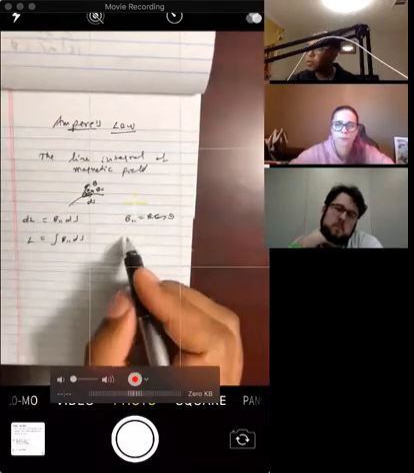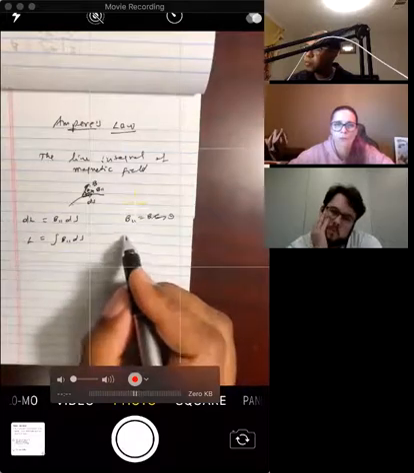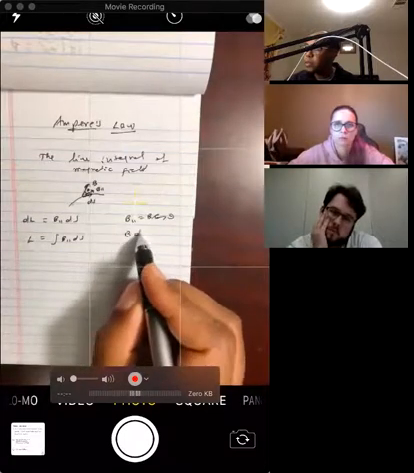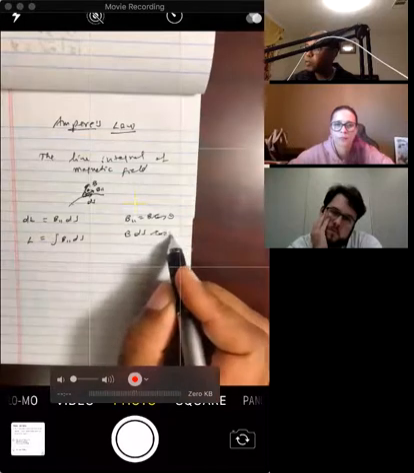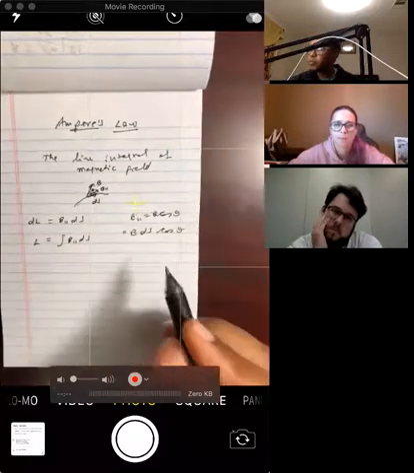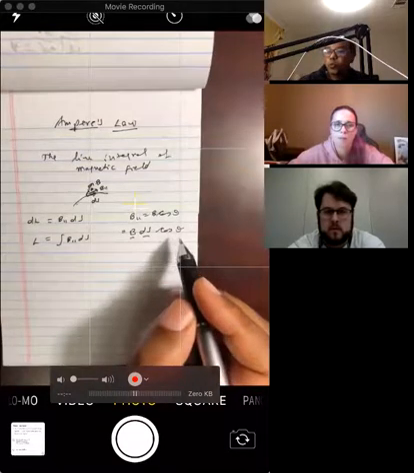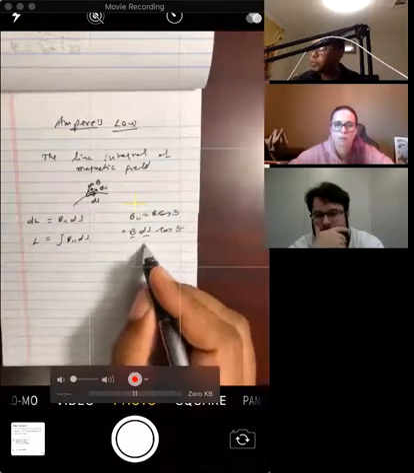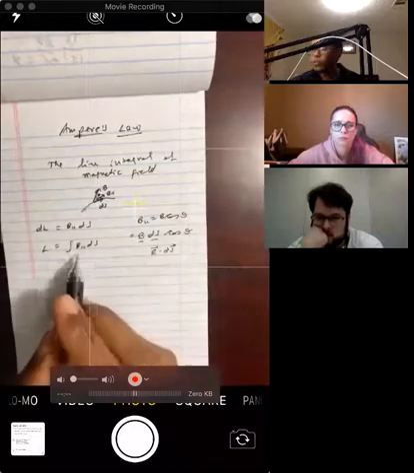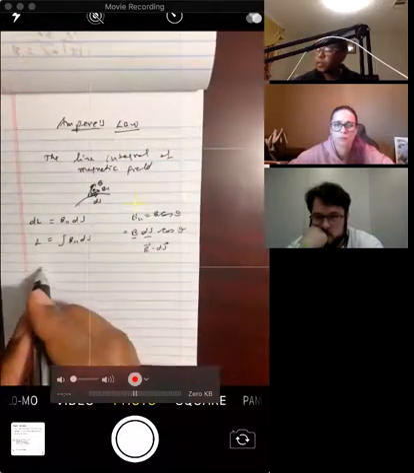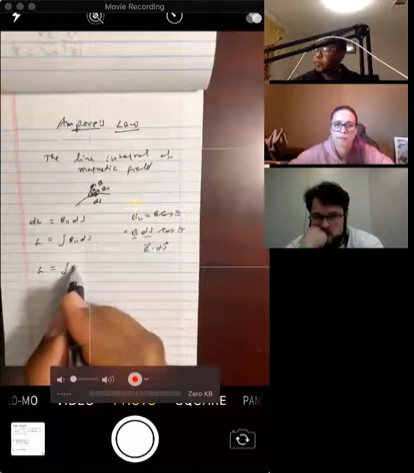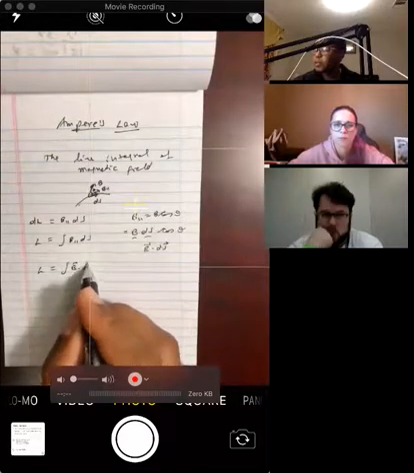So this is basically B times ds times cosine of theta. What kind of product does this remind you of? The dot product, right? So this is B dot ds. So the line integral is the integral of B dot the path element ds.